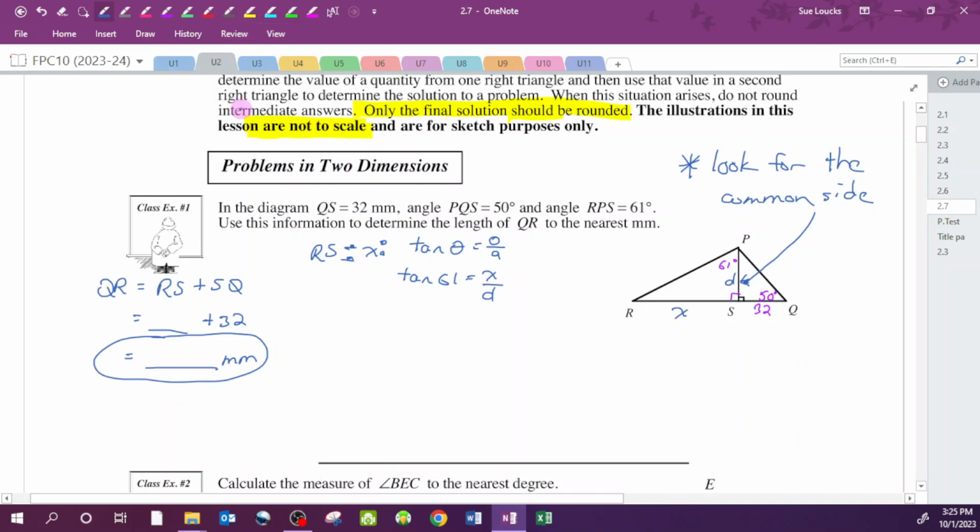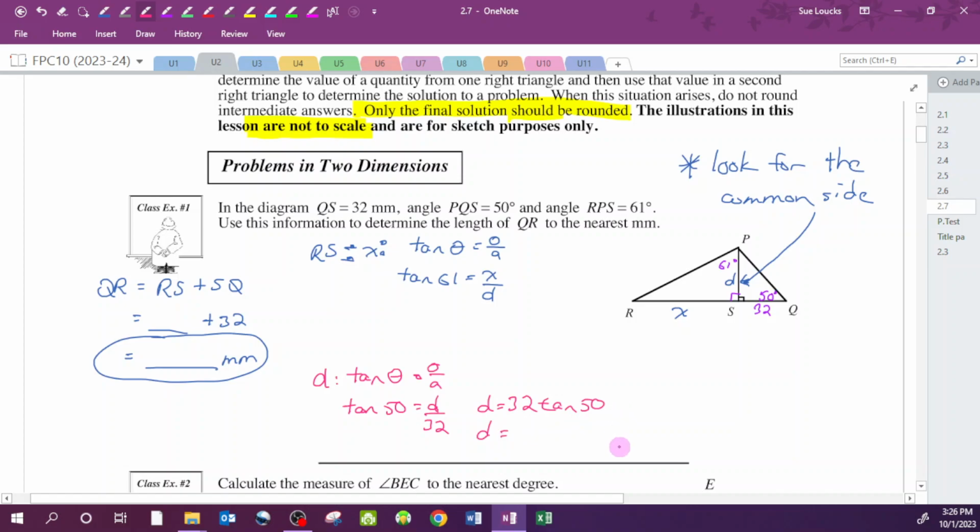So I have to wander off and find D. I'm looking at the other triangle now, and it's going to be tan again. Tan theta is opposite over adjacent. This time tan 50 is going to be D over 32. So D equals 32 tan 50.